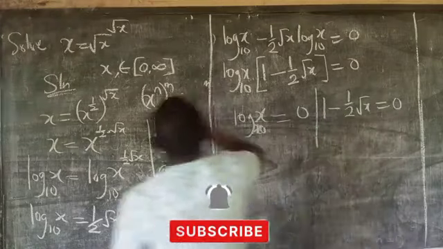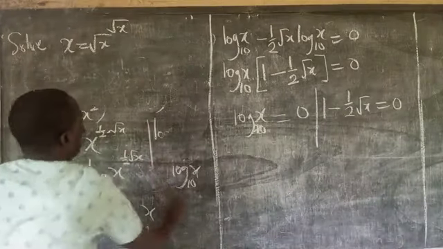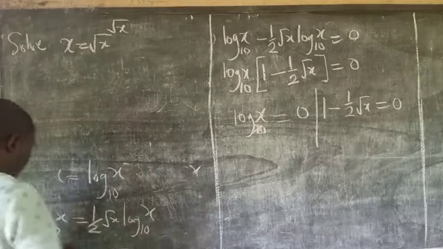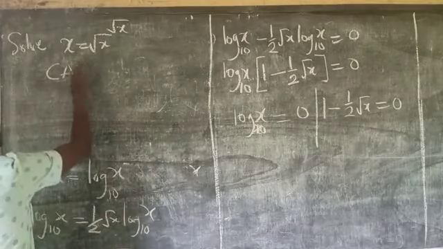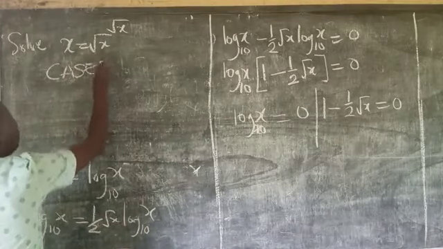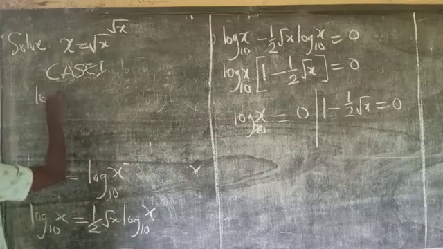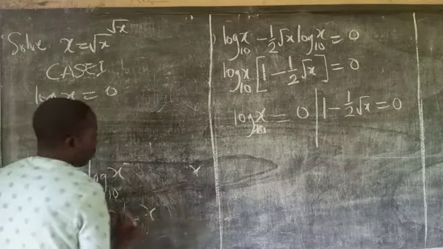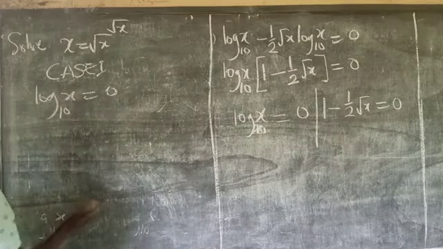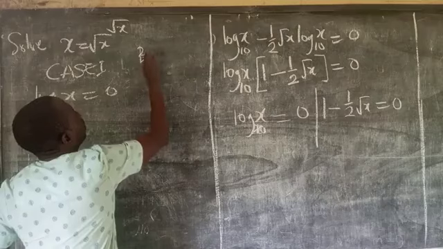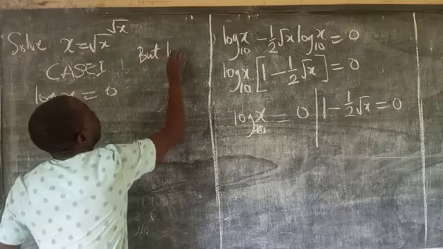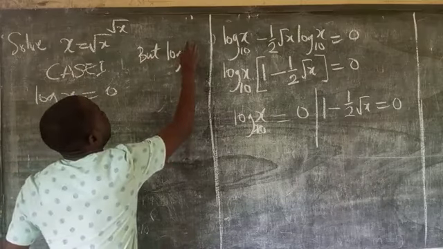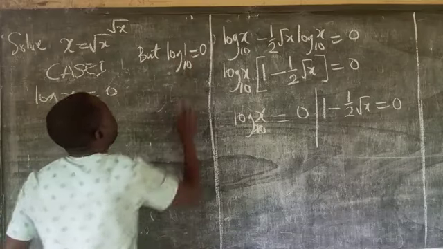Let's just say case 1. First case, log base 10 of x equals 0. But log base 10 of 1 is equal to 0.